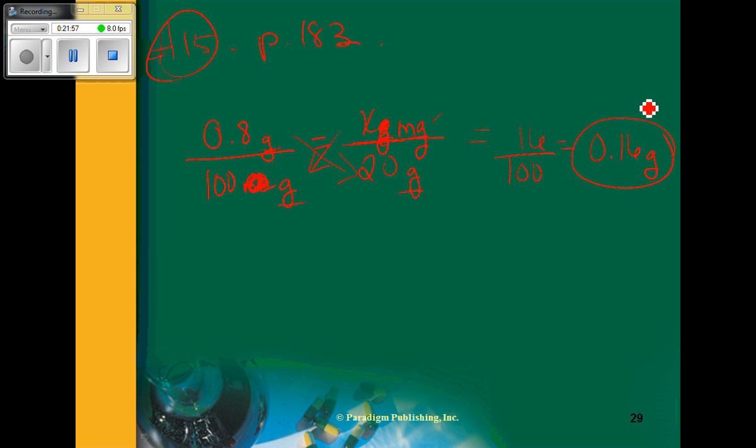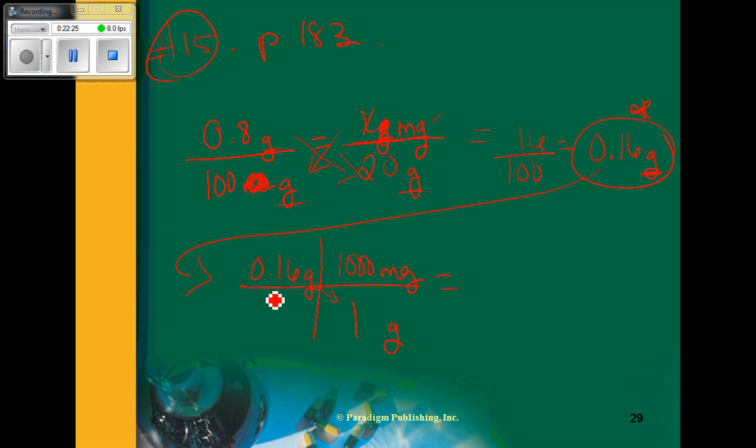So then if you get to the end and you're like, oh man, it's supposed to be, calculate the amount of drug in milligrams, not grams. What you need to do is take that answer and convert it over to milligrams. So you take 0.16 grams. You have grams here, you need to have grams here. And then, of course, 1,000 milligrams is equal to 1 gram.